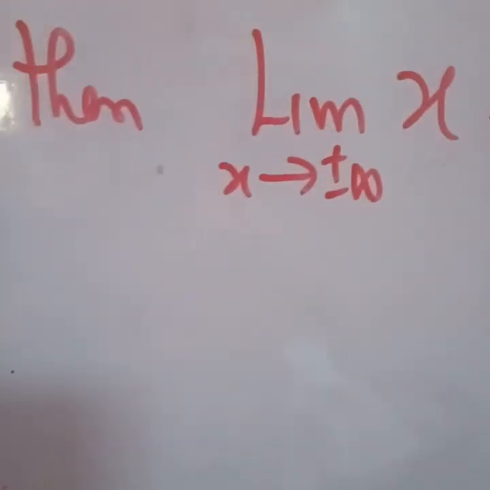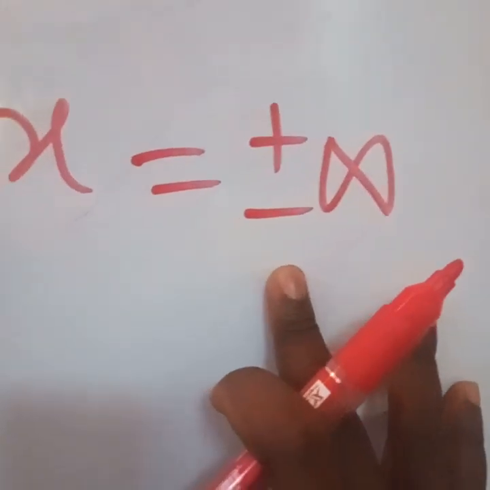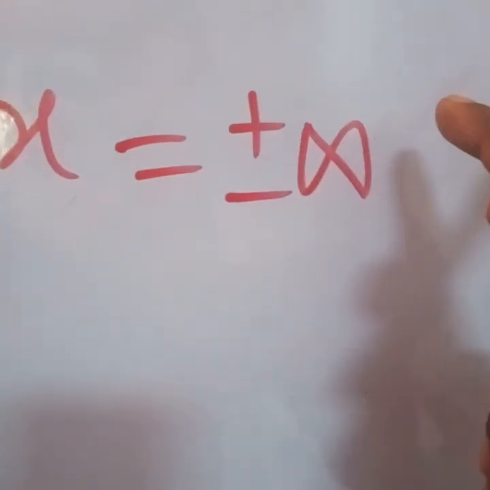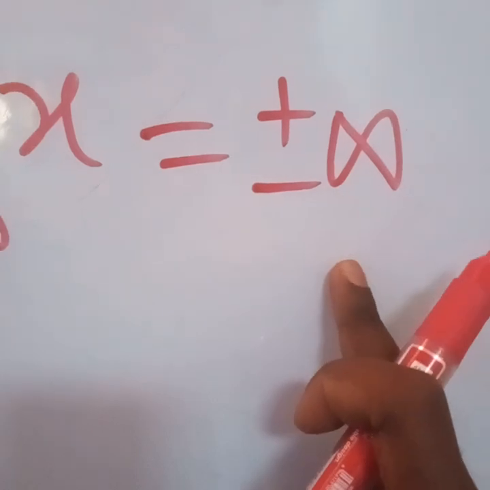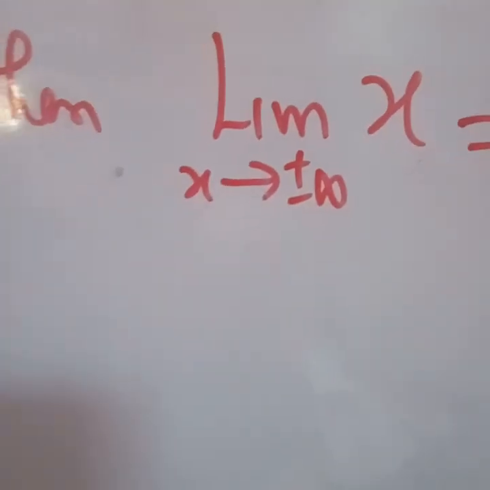In this case, we say the limit of this function does not exist. If the answer is either infinity or negative infinity, the limit does not exist.